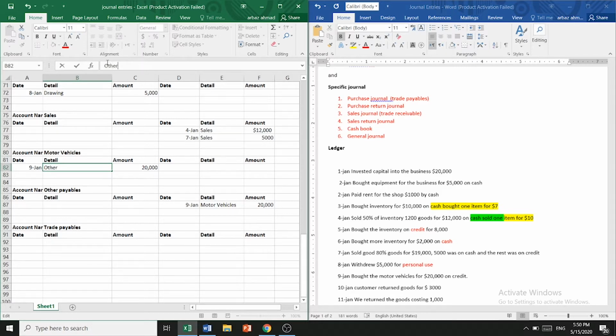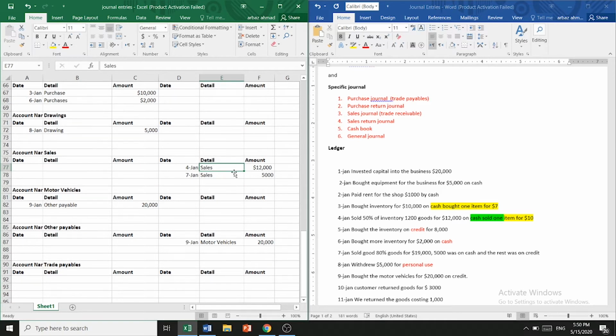I think I haven't mentioned this: in the detail, we are supposed to write the opposite account name. So in detail, this is the account into which this transaction is going. Here we have sales, so this is not supposed to be sales, this is supposed to be cash, and this is also supposed to be cash, so I'm just going to drag it down.